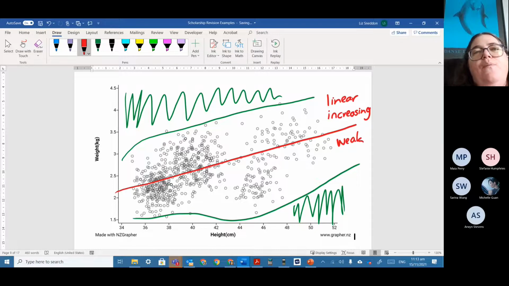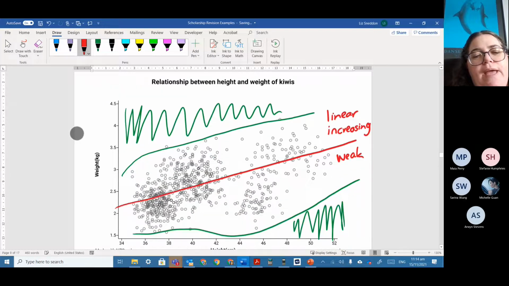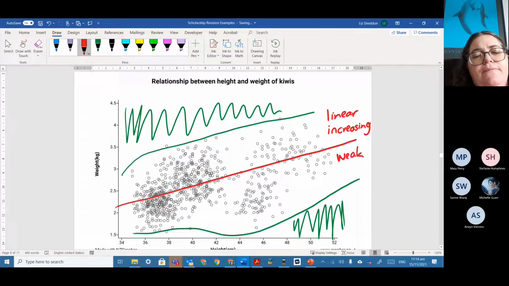And what about the variation? Do you remember with variation we talked about variation could be constant, or we could have fan or funnel effects? Do we have any fan or funnel effects here, or is it pretty constant variation? Pretty constant.